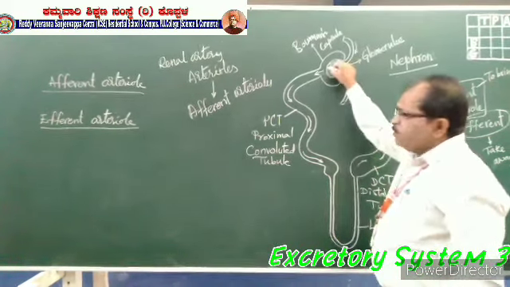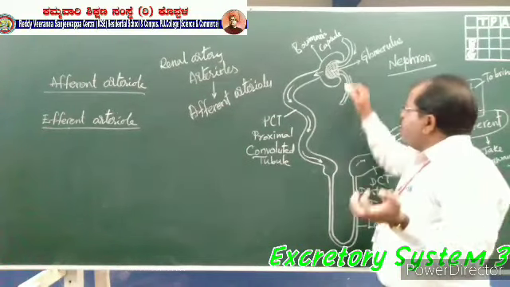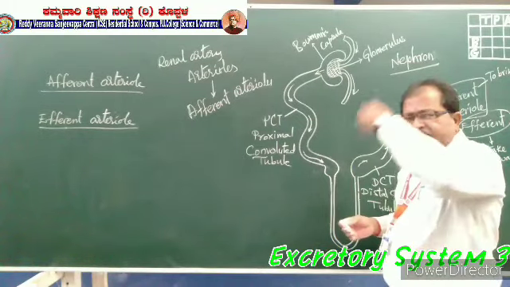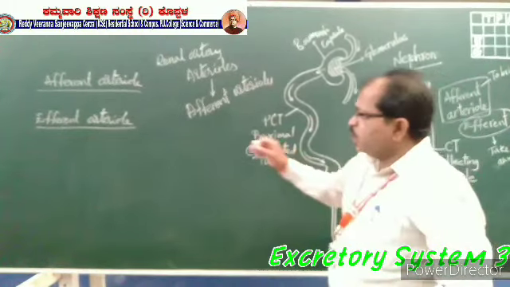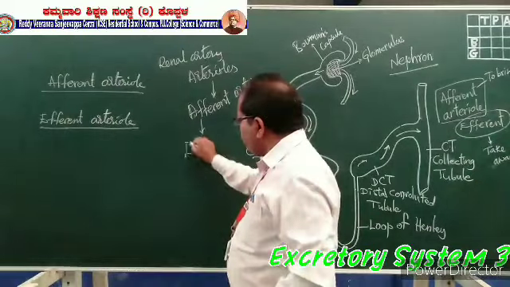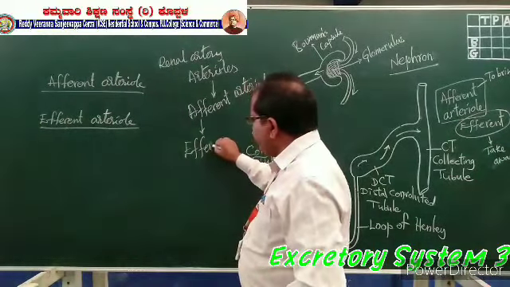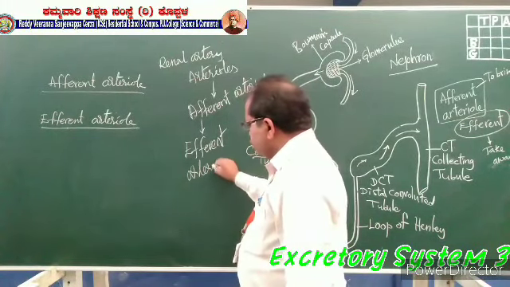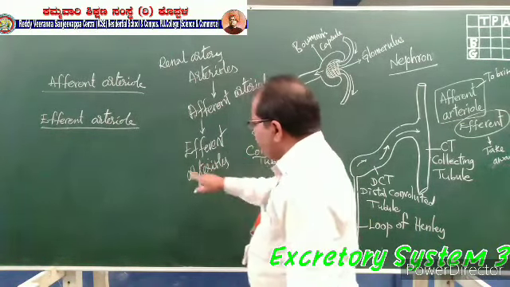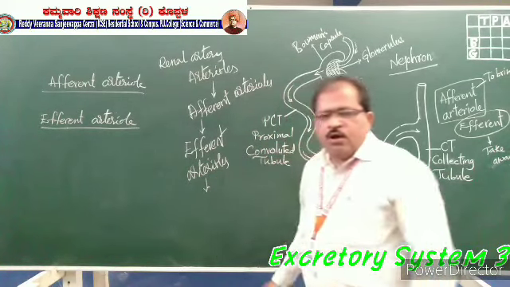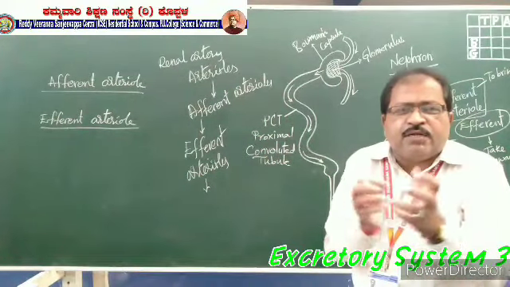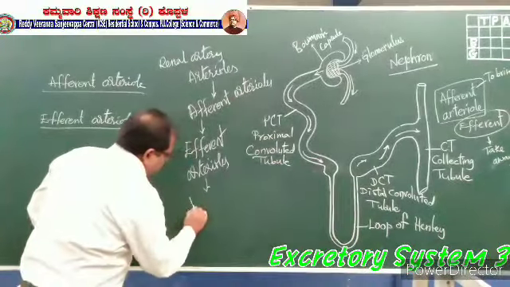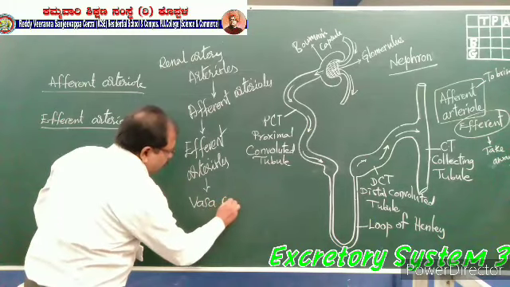Okay, and the blood is filtered in the glomerulus, and after the separation of the waste material from the blood, it enters into the arterioles. Those are called efferent arterioles, which take blood away from the kidney. And these efferent arterioles merge together and form a venule, called the vasa recta.